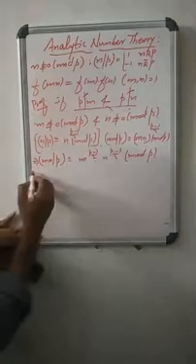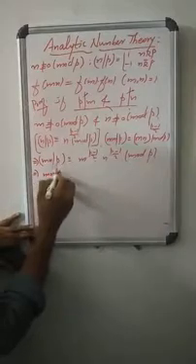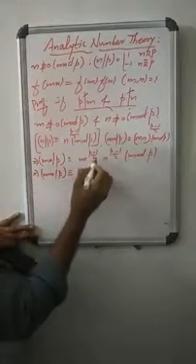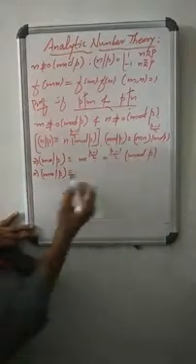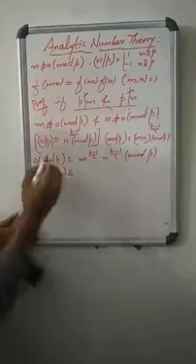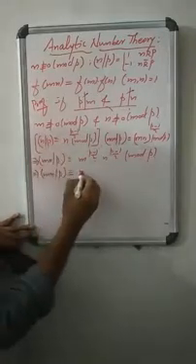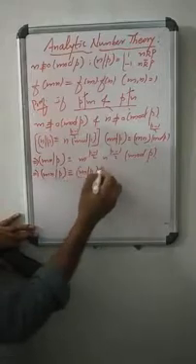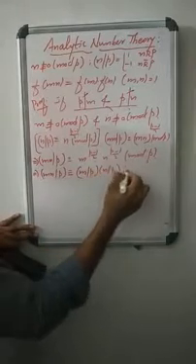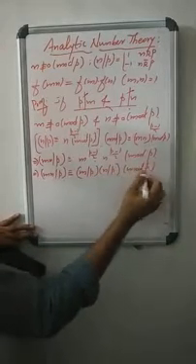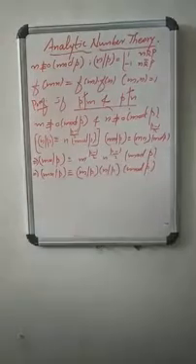That means (mn/p) is congruent to m^((p-1)/2) into n^((p-1)/2) mod p. So (mn/p) is congruent to (m/p)(n/p). What is m^((p-1)/2) mod p? That is (m/p). So it is (m/p) into (n/p) mod p.